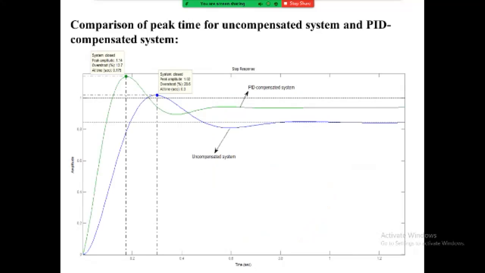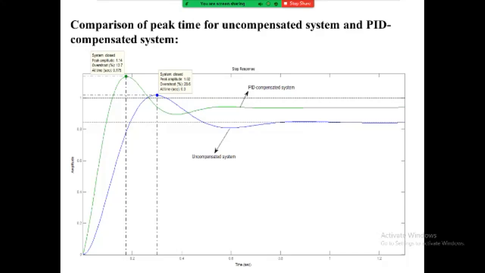Now see here the determination of loop gain K for the PD compensator system. We know that the location of a dominant pole is a closed loop pole location, and the closed loop pole can be obtained directly from the characteristic equation for various values of K. Here we know that the dominant pole is minus 8.147 plus or minus 15.9 j, and the corresponding K value can be obtained as follows.